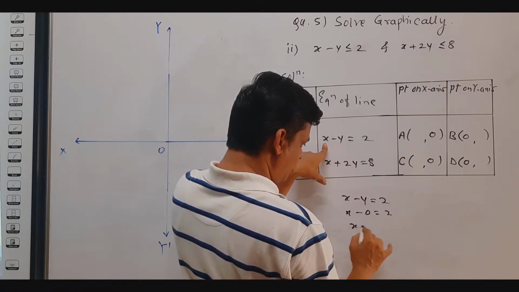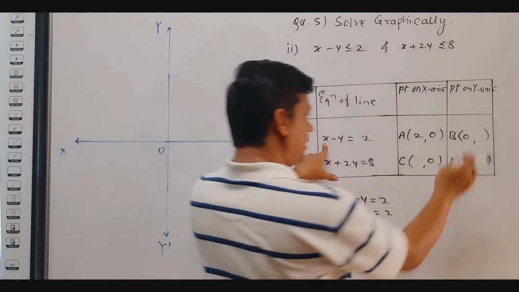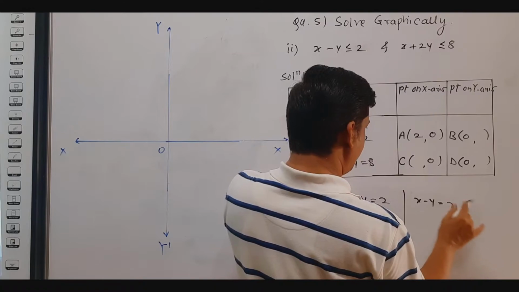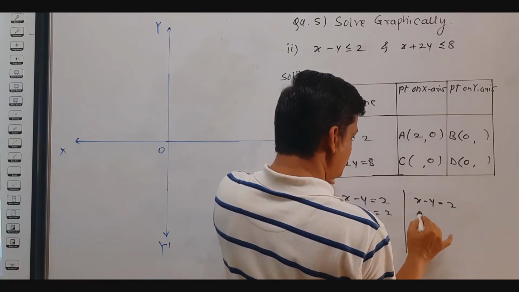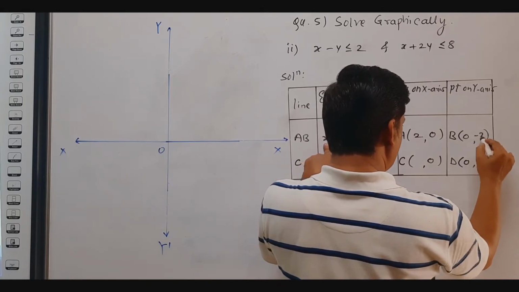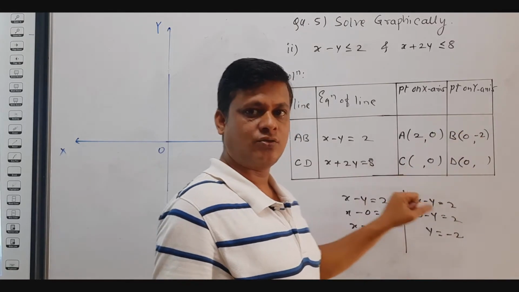So x minus 0 is x, that means x equals 2. So we write here x equals 2. Then for point B, we write the value of x as 0. So 0 minus y equals 2, that means y equals minus 2. So we get the coordinate of point B as (0, minus 2).